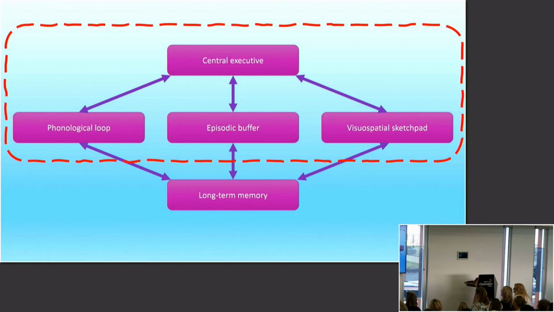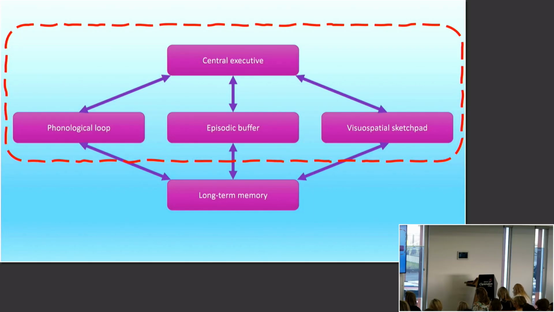Baddeley and Hitch proposed that the working memory consists of a central executive which controls these other things: phonological loop, episodic buffer, visuospatial sketchpad. And this central executive controls those things.